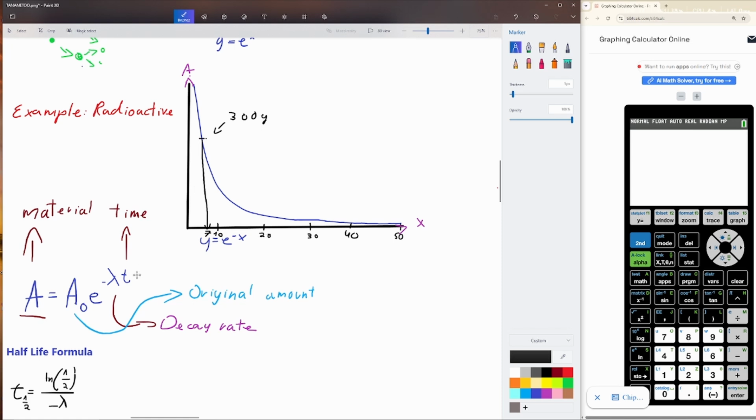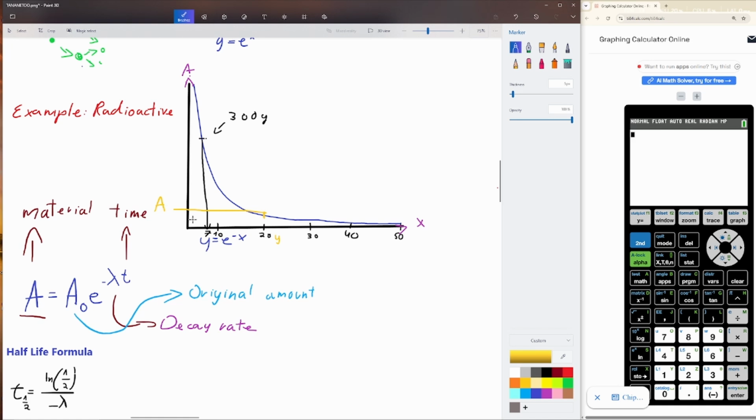However, as your material decays, radioactive material disappears over time. It decreases and decays in an exponential function model. So after 20 years, your function is over here, and you have a new value for your radioactive material, which is here.